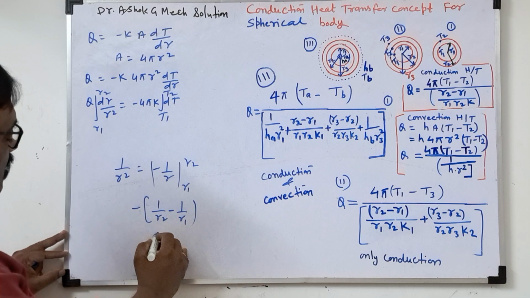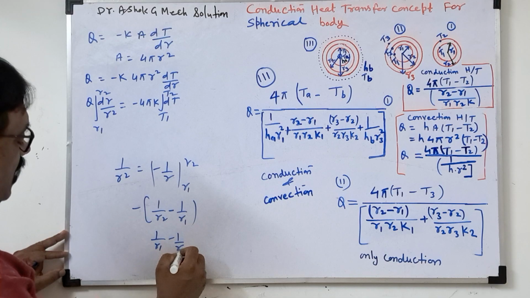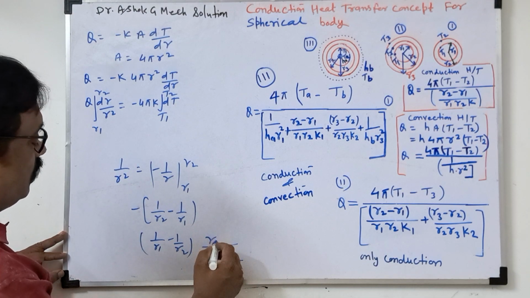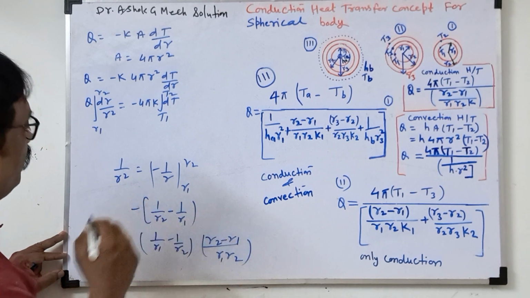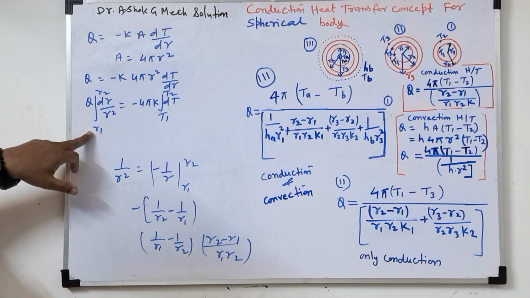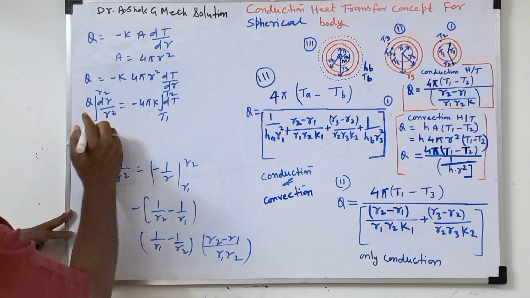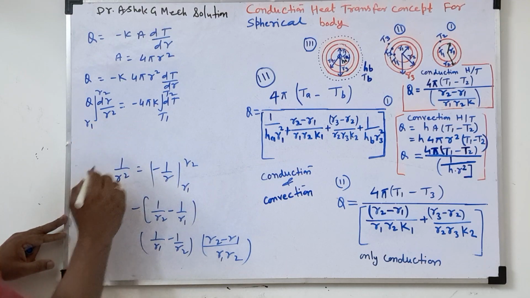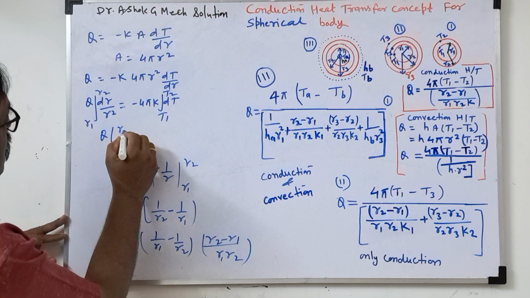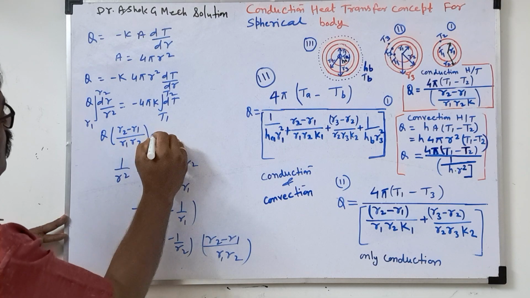Take the minus inside, so what will come? 1 by r1 minus 1 by r2. If we take the LCM r1 r2, r2 minus r1 will come. So finally, after the integration and applying the limits, Q times r2 minus r1 by r1 r2.